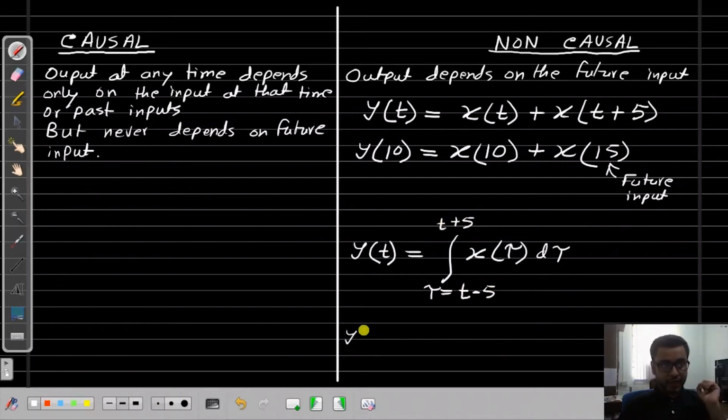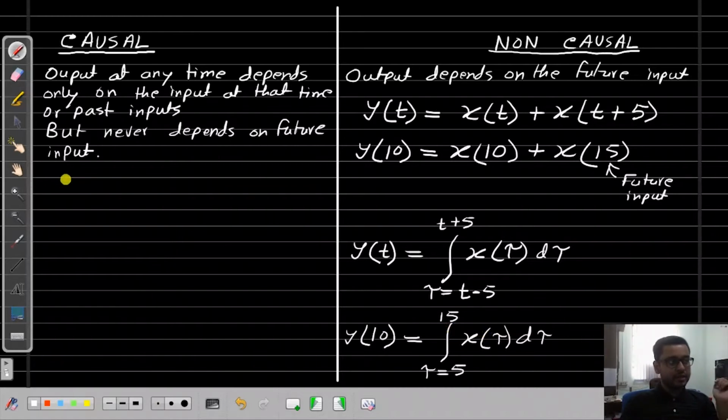In that case, to calculate the output at t equal to 10 seconds, I have to integrate the input from time tau equal to 10 minus 5 is 5 to 10 plus 5 is 15. So once again, I need to know the value of the input at the 15th second, which has not yet come. So this is again a non-causal system.